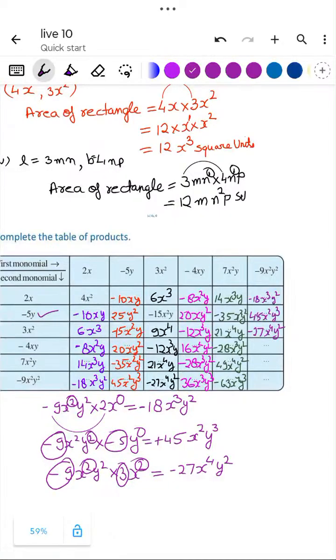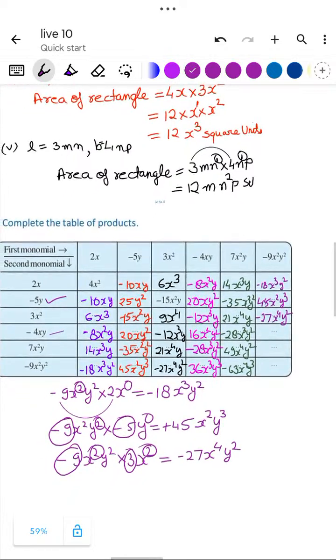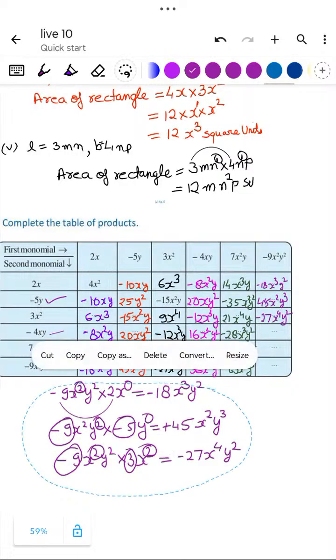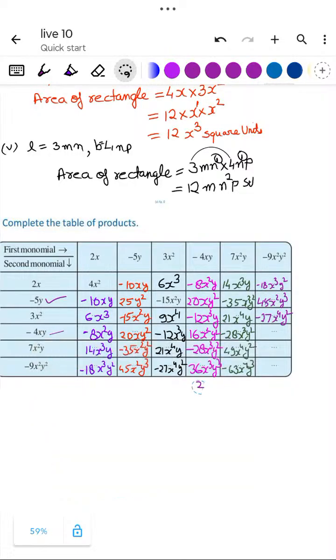Now negative 9x square y square into negative 4xy.